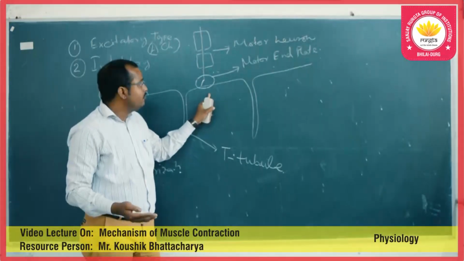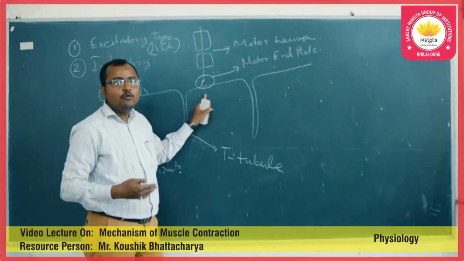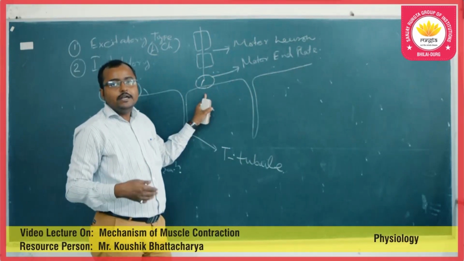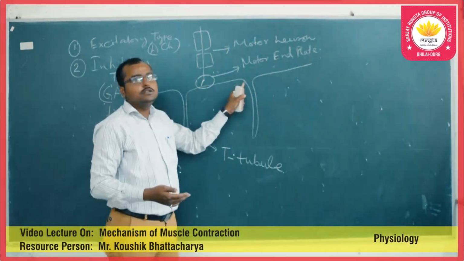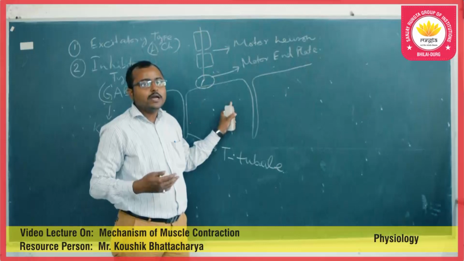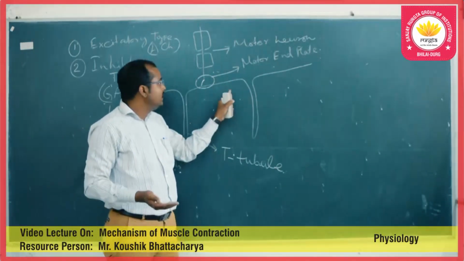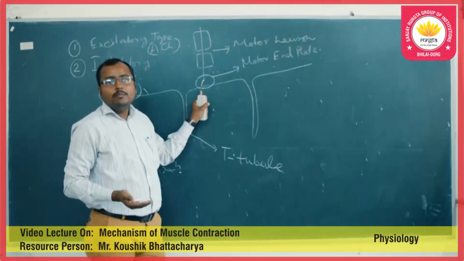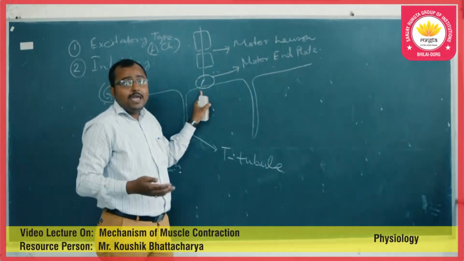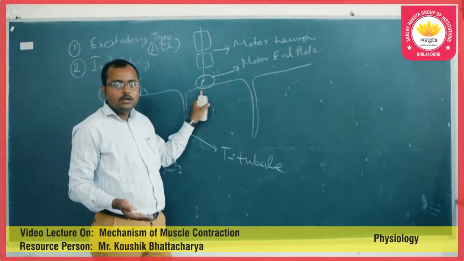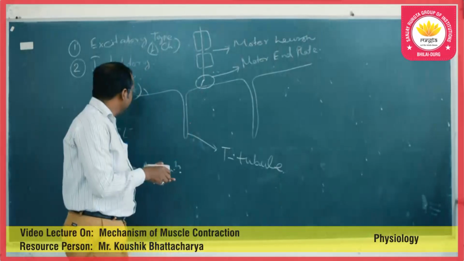This denotes that no further electrical activity will take place to excite that muscle membrane, that sarcolemma. So this sarcolemma area will be inhibited, right? That one is the first example.